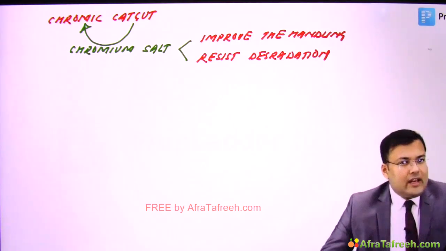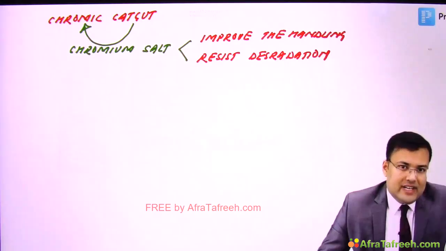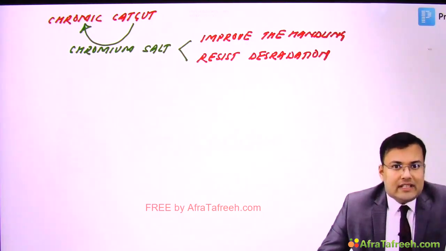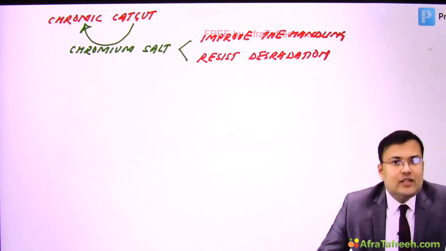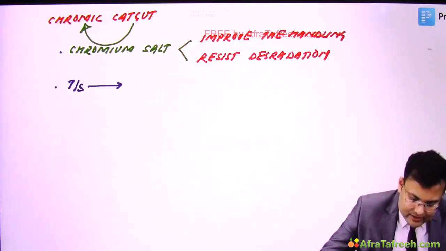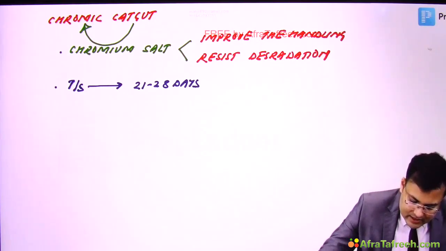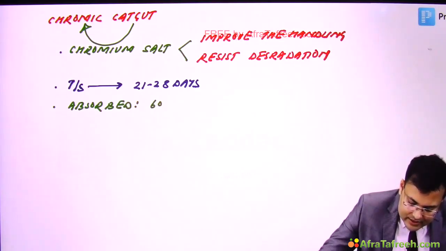Now, in how many days is tensile strength lost? It is 21 to 28 days, and the suture is absorbed in 60 to 90 days. So here, tensile strength is lost in 21 to 28 days, and for the question which is asked, the suture is absorbed in 60 to 90 days.